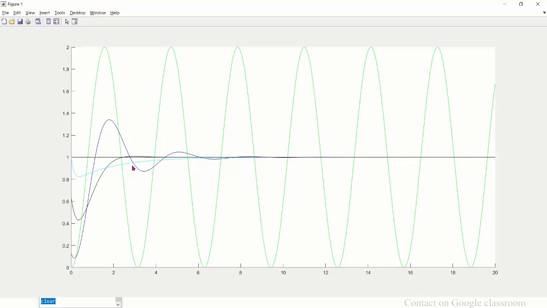For smaller values of zeta, we see that there are oscillations, and since R was given to the system as 1, the output is also 1, but with waveforms different in nature because of different values of zeta. And we see that on increasing the value of zeta, the oscillations die out or decrease.